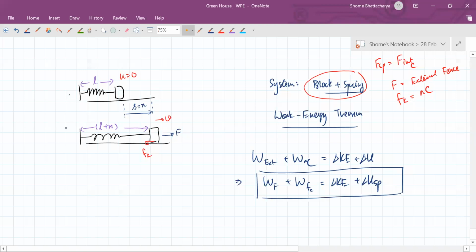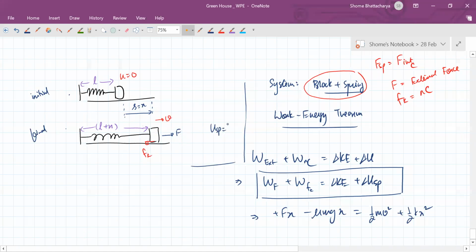Going from here to here, the work done by F will be plus Fx, but the work done by friction will be minus mu mgx. The change in kinetic energy will be plus half mv square, going from 0 to v. And the change in potential energy of the spring will be plus half kx square. In the final picture, the potential energy of the spring is half kx square, and the kinetic energy of the block is half mv square.